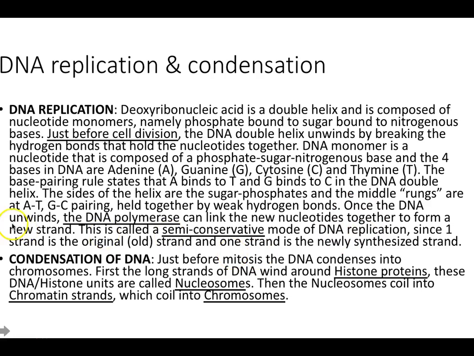And once the DNA unwinds, an enzyme called DNA polymerase links the new nucleotides together. So when it unwinds, you've got a stockpile of individual nucleotides, and you just bring them in. A's will bind with the T's, G's with the C's, and so forth and so on.